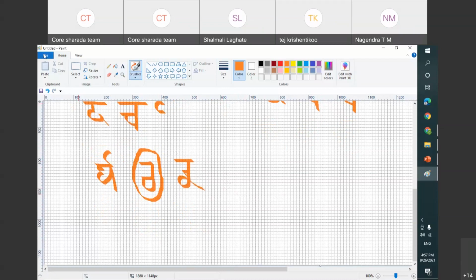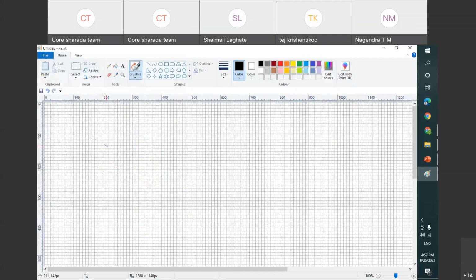Let me just take it separately. I think I should not confuse students. So these are special words. Only three special words when R is above: R, Y, R, V, and R, Dh.